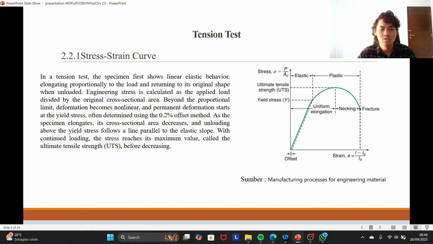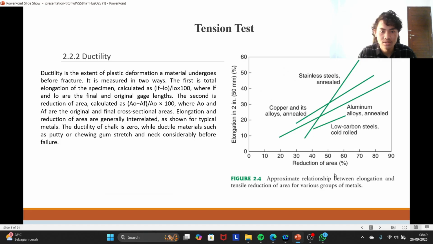With continued loading, the stress reaches its maximum value, called the ultimate tensile strength or UTS, before decreasing. And this curve shows stress, P over A0, the elastic and plastic regions, and strain.